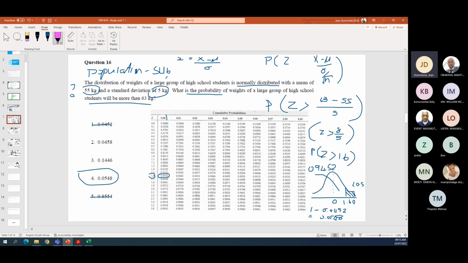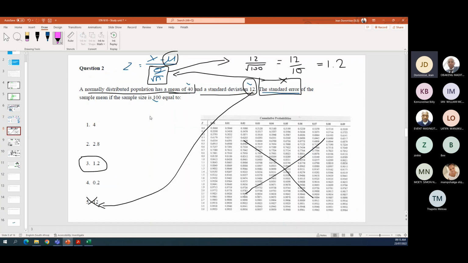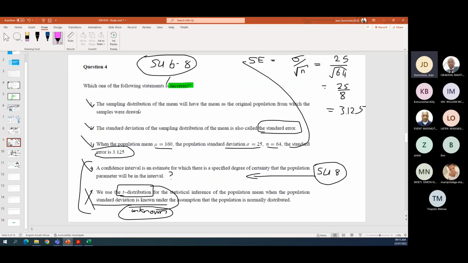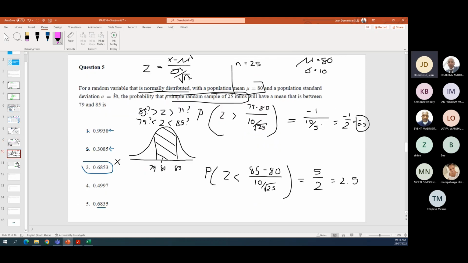So you will see it in all of them, the normal distribution with a mean. So the whole time you know that we're working with the population mean.